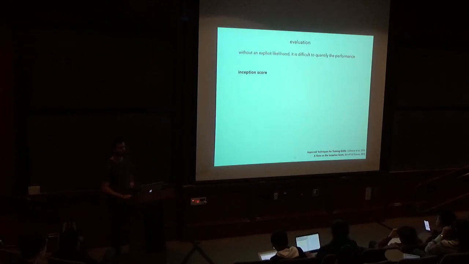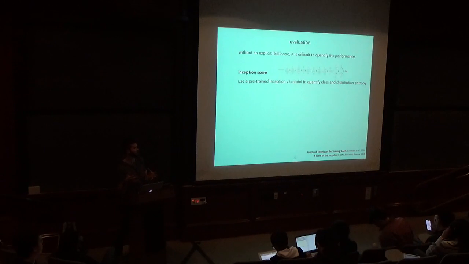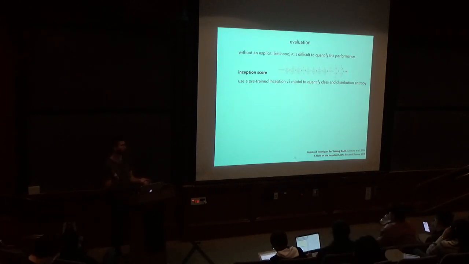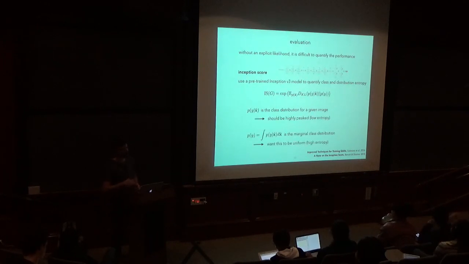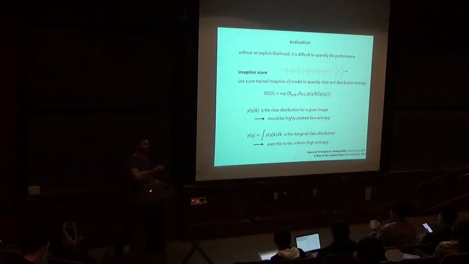So what people will often resort to are things like inception score, where you take a pre-trained Inception V3 model. It's just a model for classification. And what you'll do is evaluate this quantity here, which is essentially saying that I want each data example to have a very peaked distribution over the classification.